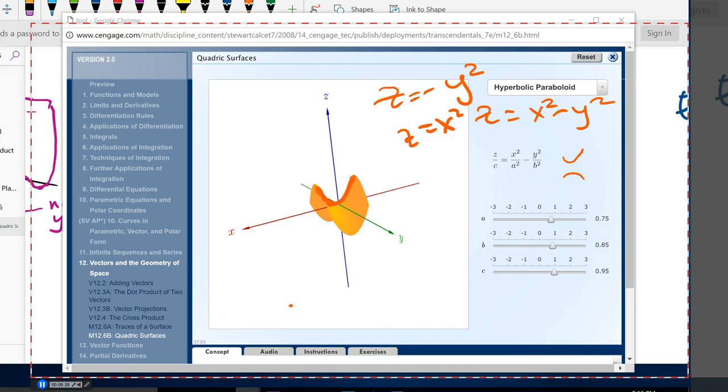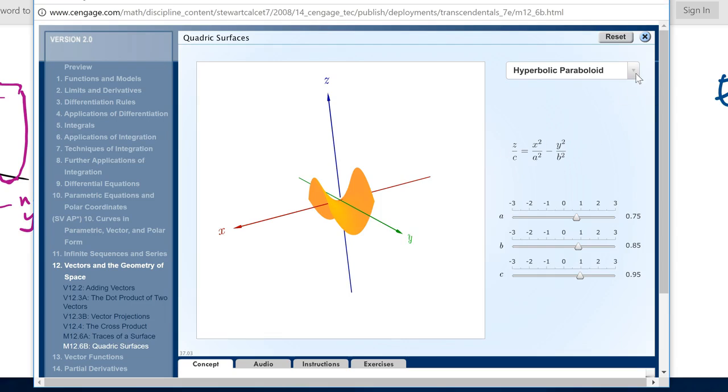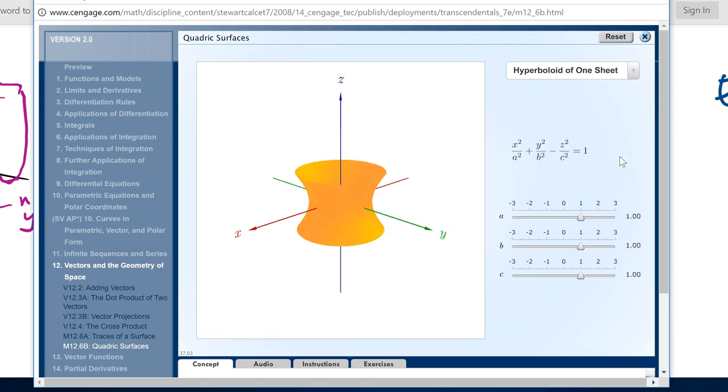See that right there. Okay, so these are called traces of the figure, and we're going to get to that in a second. Hyperboloid of one sheet. This looks like a nuclear tank. So it's x squared plus y squared minus z squared equals 1.